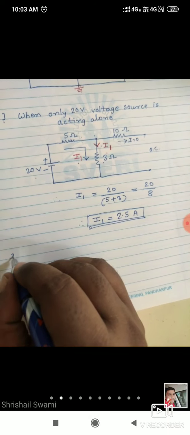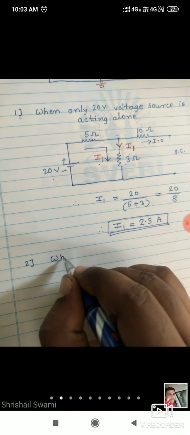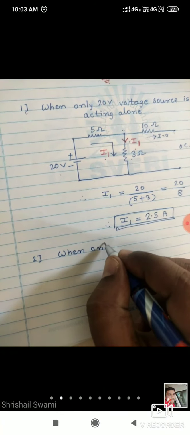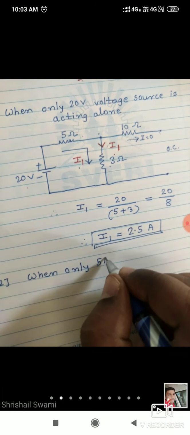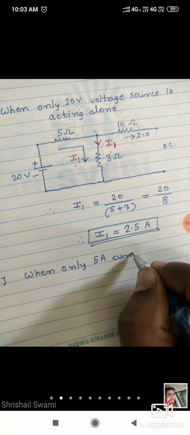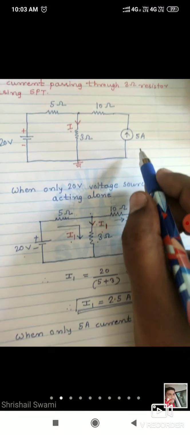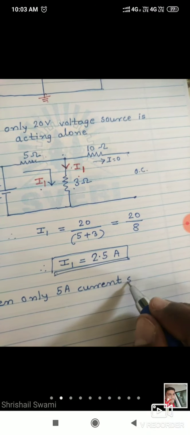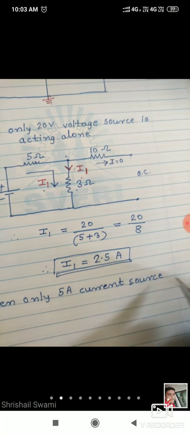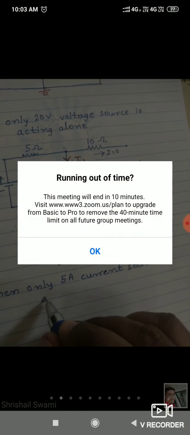Okay, now the second one, when only the 5 ampere current source is acting alone.